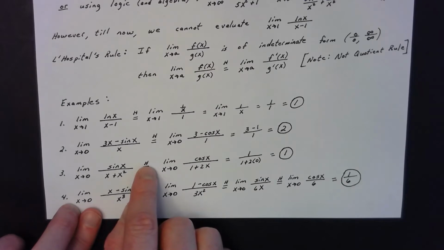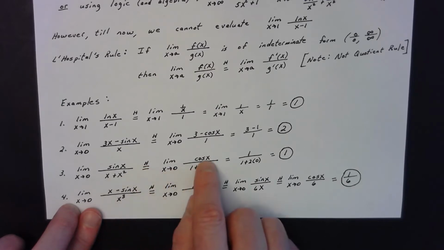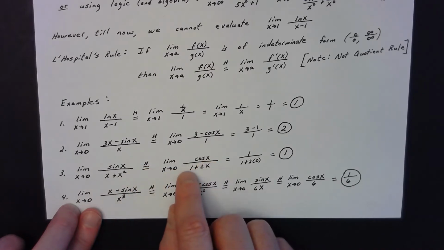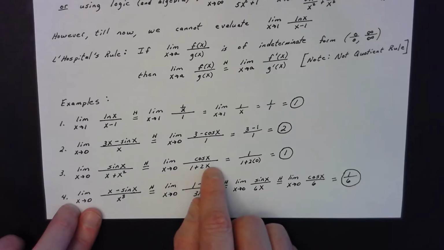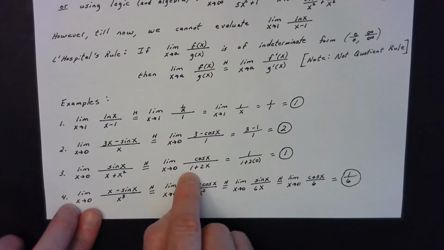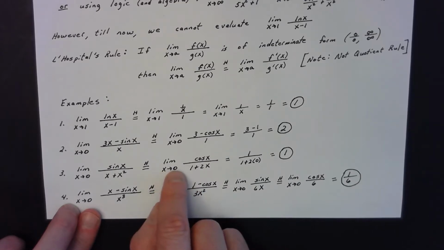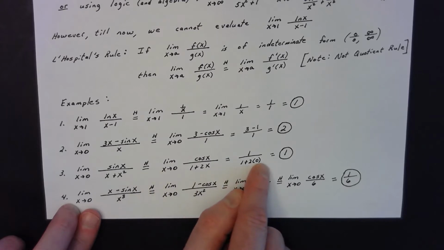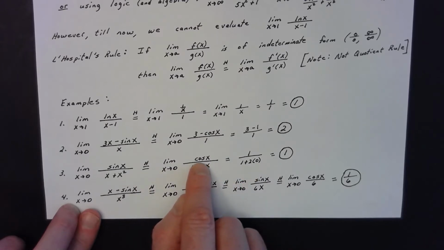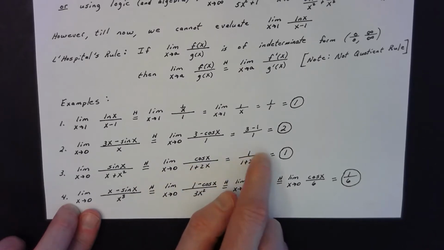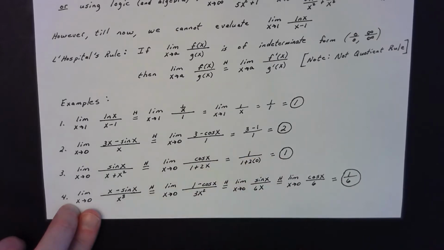So L'Hopital says your numerator now is going to be the cosine of x and your denominator is going to be 1 plus 2x. The instant I get that 1 in the denominator, I know I'm done because it's no longer going to be 0. Once you plug in x is 0, the denominator becomes 1 plus 2 times 0, and the numerator, cosine of 0, is 1. We get 1 over 1 for our answer of 1 again.